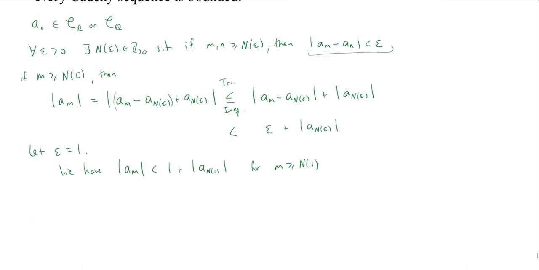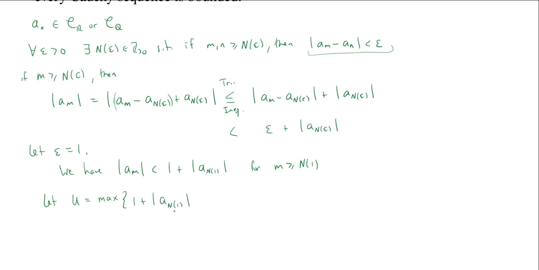Now, again, this is only for the tail. We still need to make sure that the sequence is bounded in the head. But because it's finite in the head, that's not a problem. So here's how we're going to build our upper bound on the absolute value. Let u equal the maximum of, let's start with this number here, 1 plus the absolute value of a_n(1).